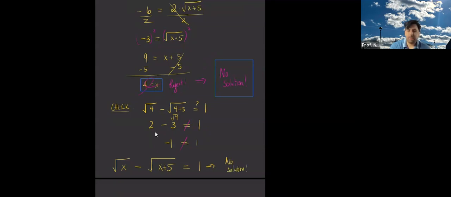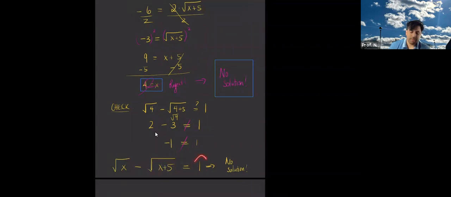If you look at the expressions a bit more, you're subtracting rad x from rad x plus 5. So you're taking any number, choosing a number, and getting a bigger number, 5 units bigger. You're taking the square root of each of those and subtracting the bigger radical minus the smaller radical. Obviously, it will never be positive.